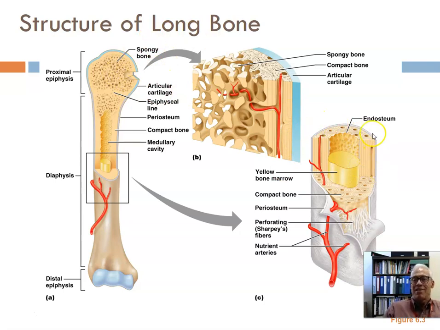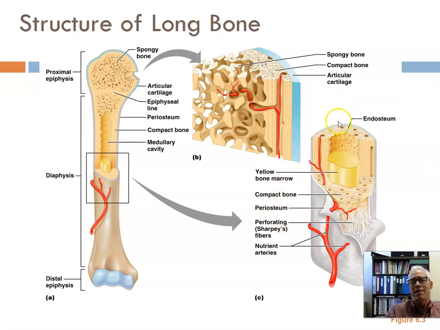Wherever there isn't articular cartilage, the bone is covered by a dense, irregular connective tissue type fibrous covering called the periosteum. Peri meaning around, osteum meaning bone. And so here's the periosteum. It's been kind of peeled back, and it shows that it's anchored to the bone tissue itself by some very heavy collagen fiber bundles called Sharpey's fibers.